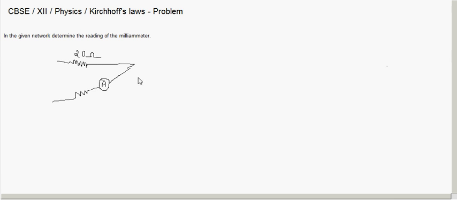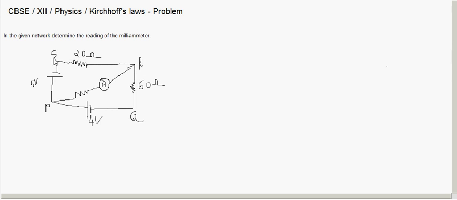Then we have a 60 ohm resistor, a battery of 4V. We have another battery of 5V. And given this, the points are P, Q, R.